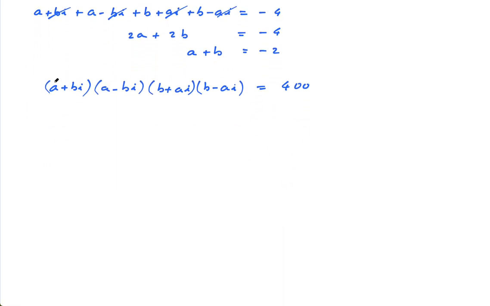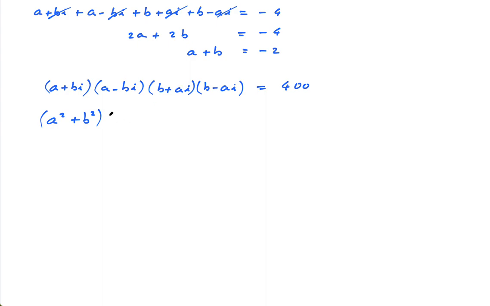Now, I know I can multiply these two out, and it gives me a squared. I get my minus abi plus abi, so they cancel, and I'm just left with a squared plus b squared, because my b times b gives my b squared. There's a minus, but the i times i gives me minus 1, and I'm left with plus. That's a nice one to remember, guys. A plus bi times a minus bi is a squared plus b squared.